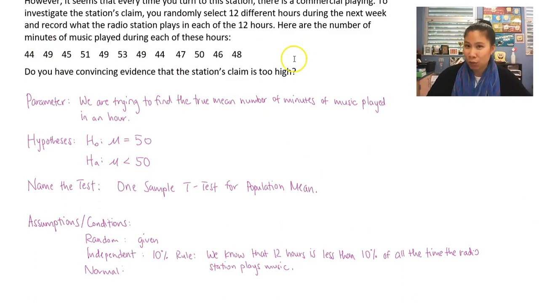All right, lastly, we check for normality. So our sample size is 12, so we don't have a large enough sample size to use central limit theorem. Remember, for means, we can't use the large counts rule because n times p, n times 1 minus p requires a proportion of some sort in order for you to use the large counts. So here we have to use central limit theorem, or the CLT, but we don't have large sample sizes, so central limit theorem would not apply.